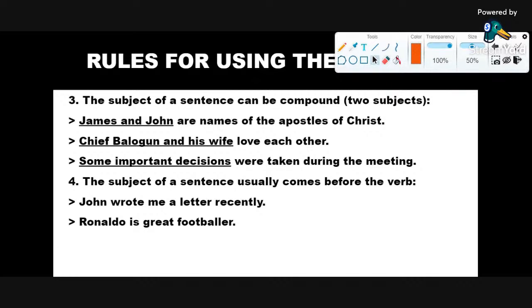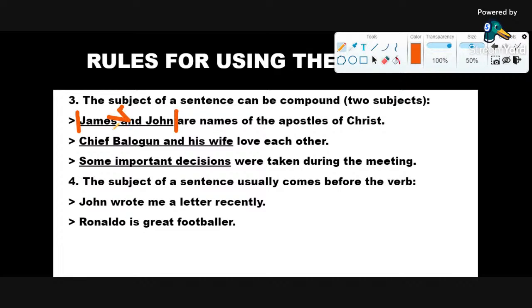And so that brings us to rule number 3. The subject of a sentence can be compound. That means you can have two subjects joined together. An example is: James and John are names of the apostles of Christ. So when you look at James and John here, they form the subject in this sentence.